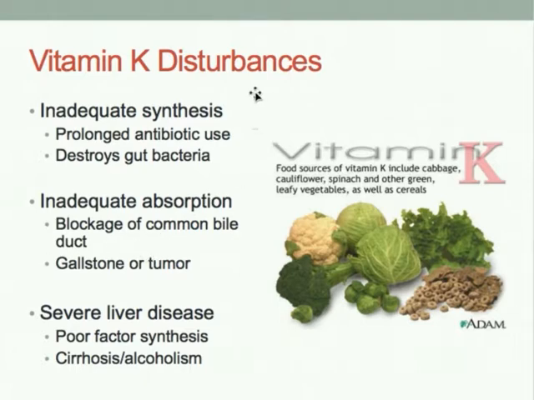You also see vitamin K disturbances in severe liver disease where the liver is damaged, the liver cells are no longer able to make coagulation factors, and this is common in cases of cirrhosis where the active liver tissue is replaced by scar tissue. And you'll see cirrhosis, which describes that case, most commonly associated with really heavy levels of alcohol consumption and alcoholism.